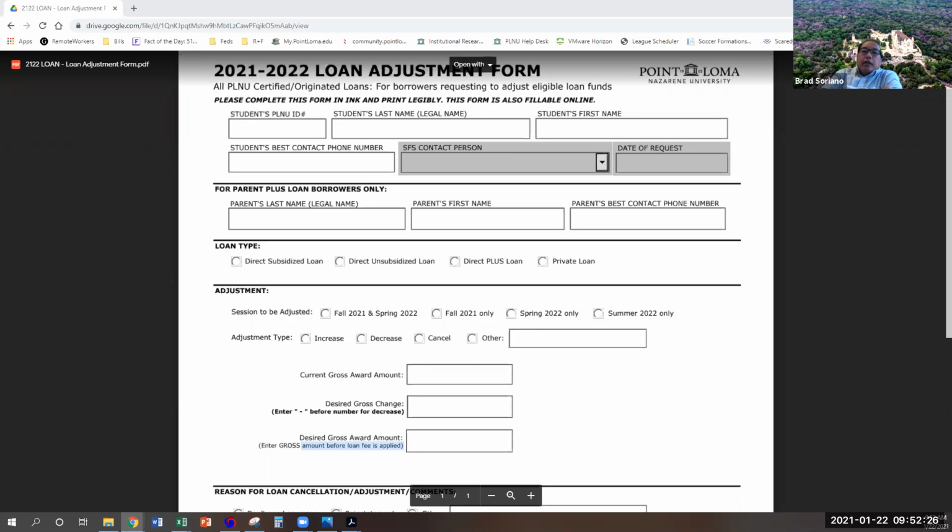We'll have to do it at a different time, with at least one advisor in it, one or two advisors, the loan coordinator, and you or me or whoever wants to be involved. It's a good time to have this discussion for 21-22, because there's still some time to make some changes.